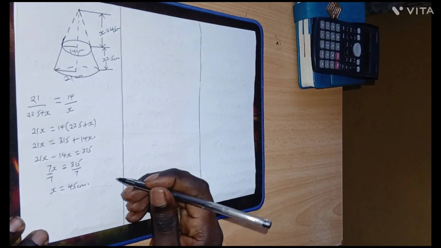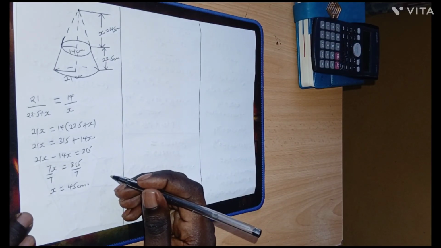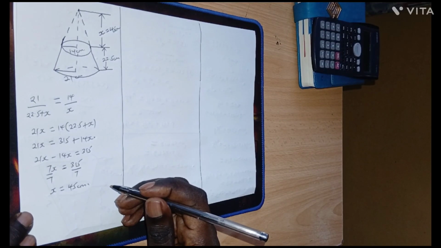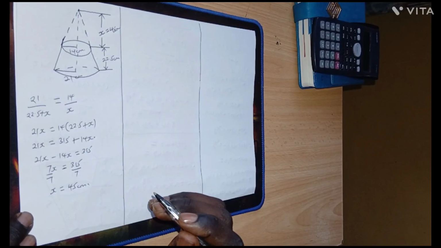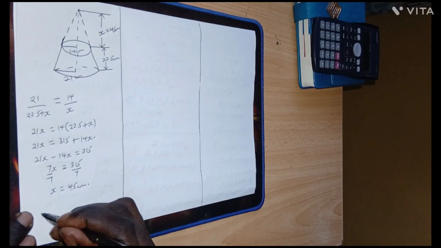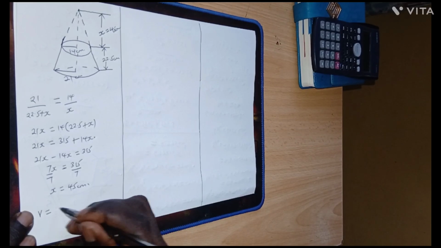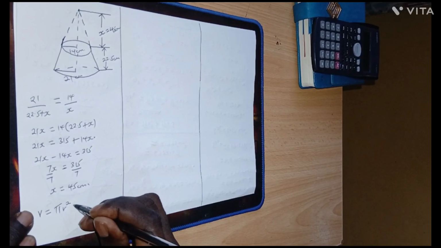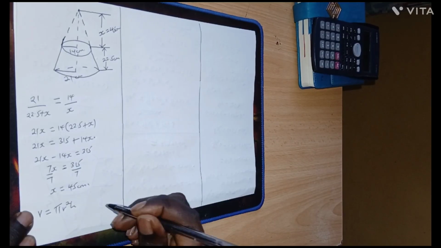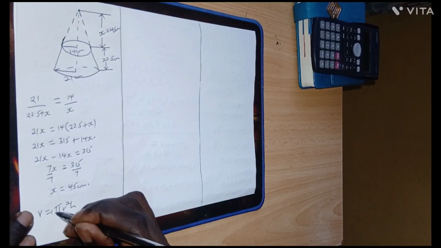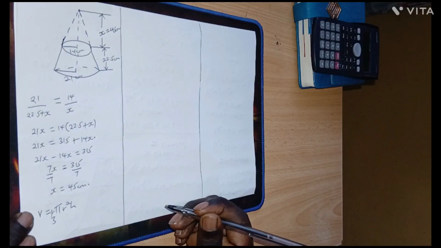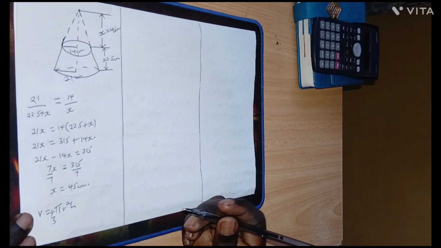Now we get to the main formula of getting the volume of, first of all, a cone, okay? The volume of a cone is usually equal to pi r squared h divided by 3, or you can also say a third pi r squared h, okay?